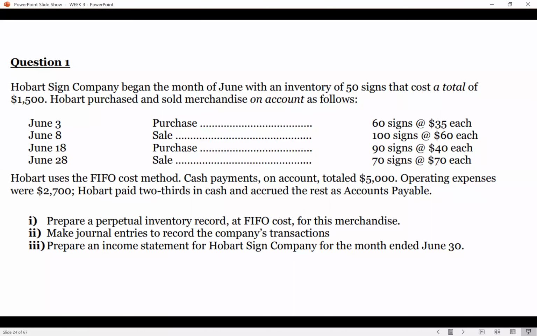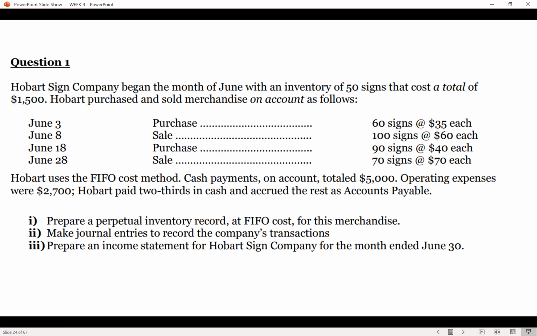So let's look at June 28th. What happened on June 28th? On June 28th, we sold 70 signs at $70 each. So remember, this $70 each is our selling price.